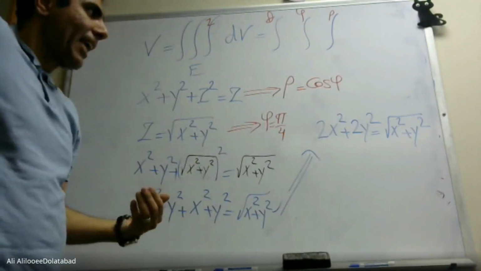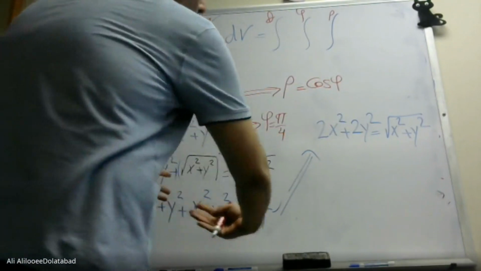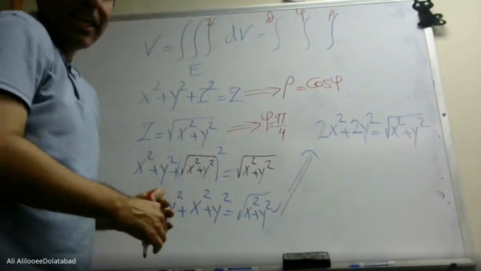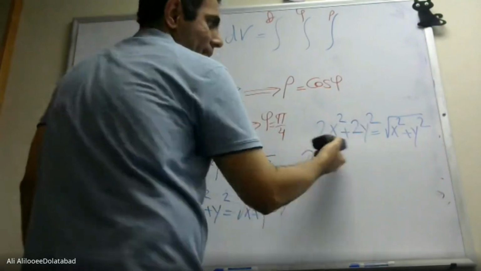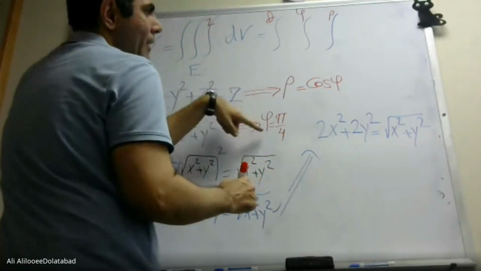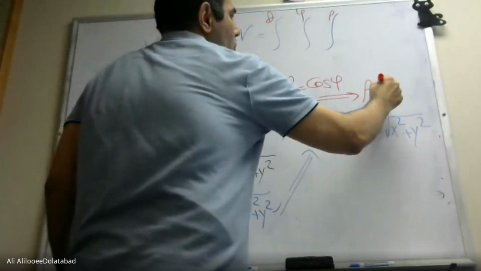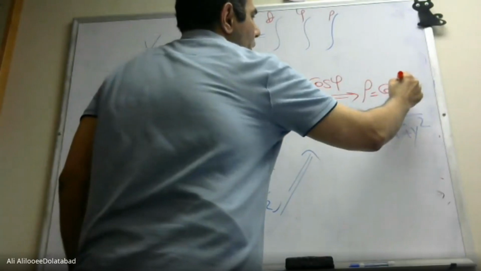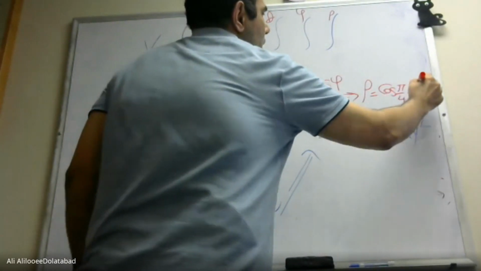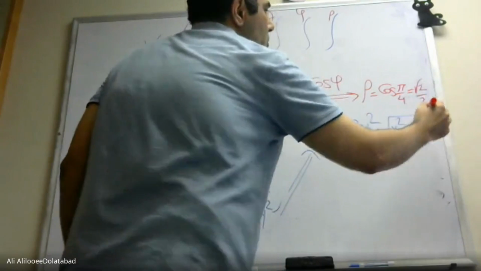Instead of solving such horrible stuff, we can solve much more easily. Then you have rho equal to cos of pi over 4, which is root 2 over 2. That's it.